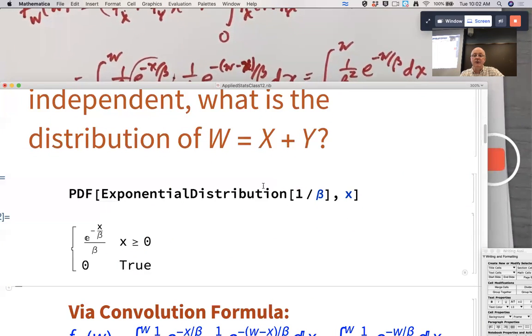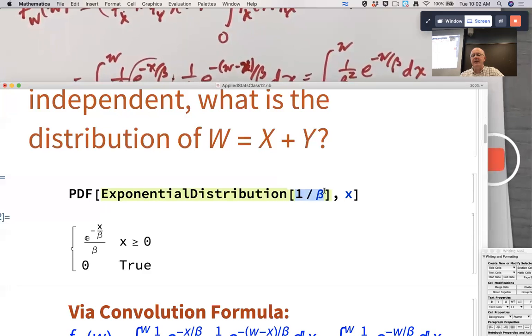PDF, exponential distribution. Do note that in Mathematica, you have to plug in 1 over beta as the parameter instead of beta itself. 1 over beta is often called lambda, and it's related to Poisson random variables. And if you remember, Poissons and exponentials are related. I have talked about that.